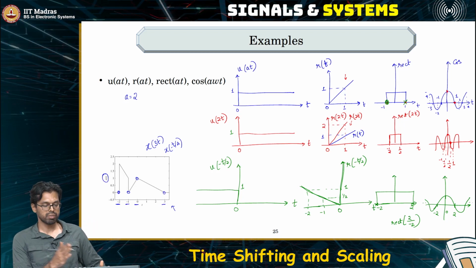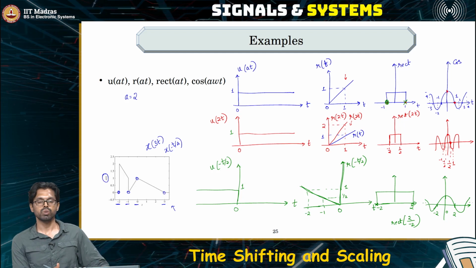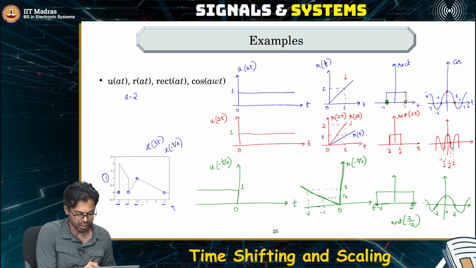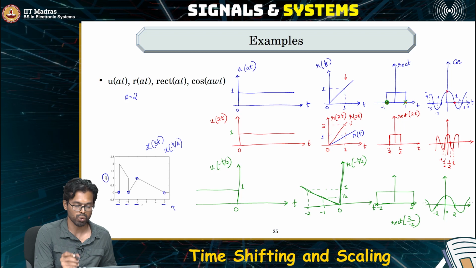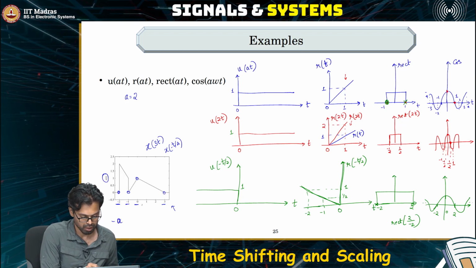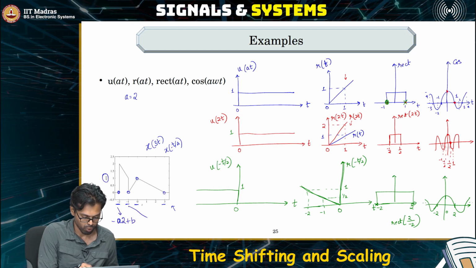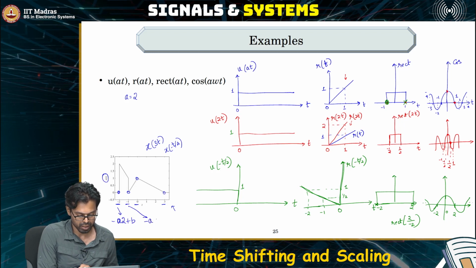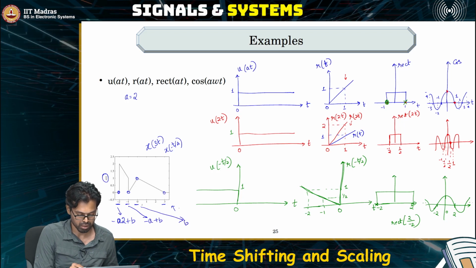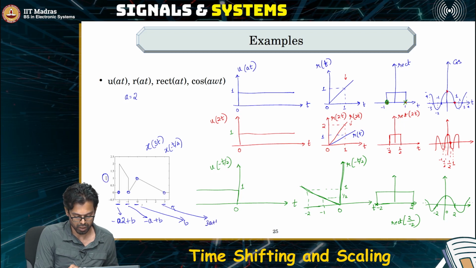Now if you want to shift or scale this signal, what you have to do is see what happens to these points. Where do they get shifted? In other words, t equal to minus 2 gets moved to a times minus 2 plus b, and t equal to minus 1 moves to minus a plus b, 0 moves to just b, and 3 moves to 3a plus b.